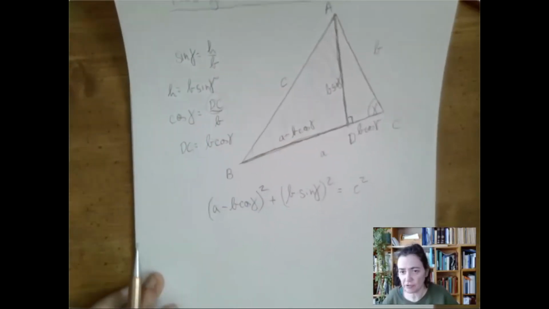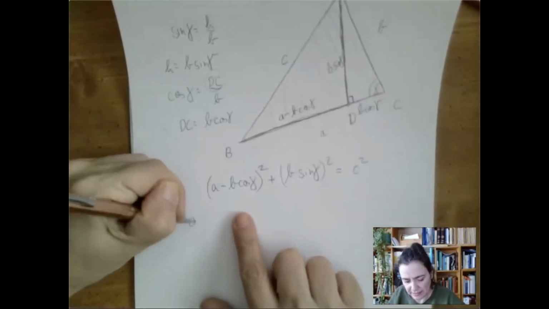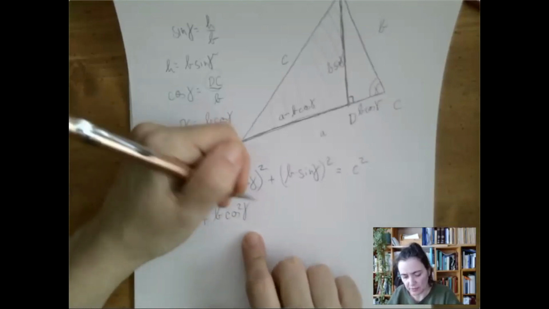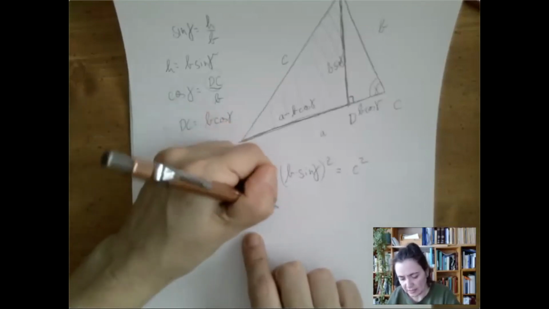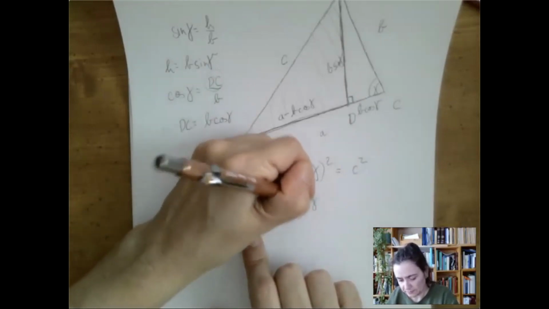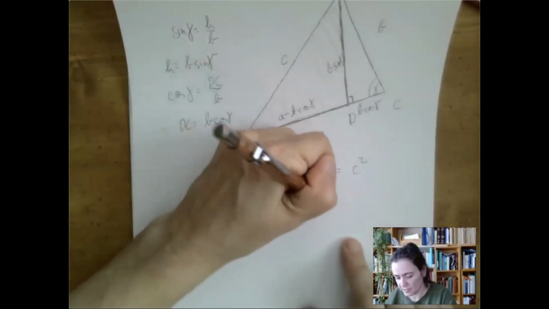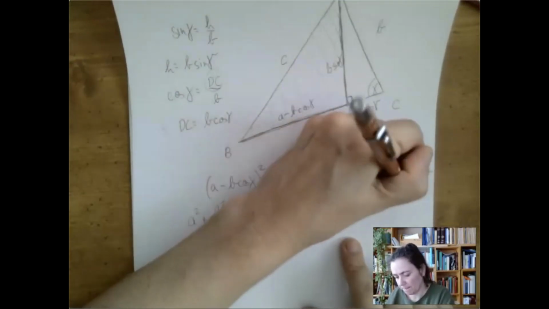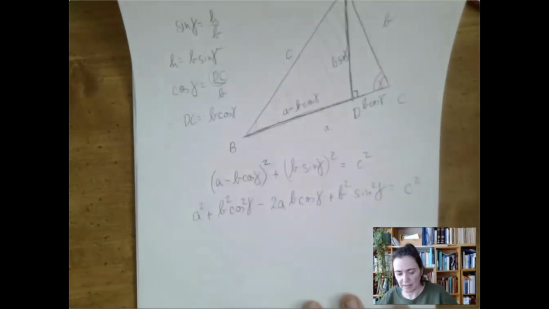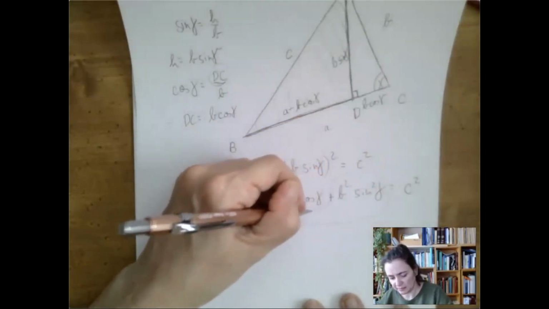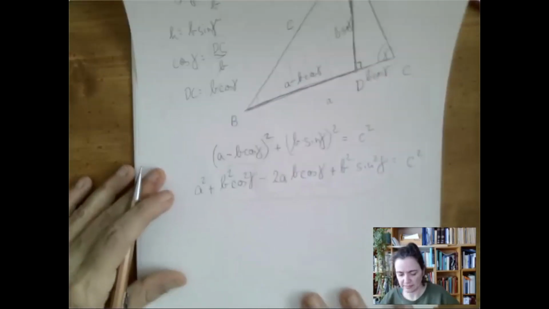And now we're just going to work the algebra. We get a squared plus b squared cosine squared gamma minus 2ab cosine gamma plus b squared sine squared gamma. And look at the stuff that has b squared in it.